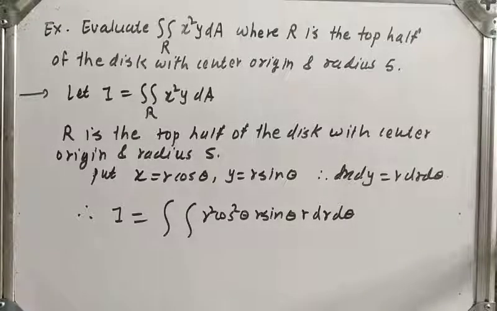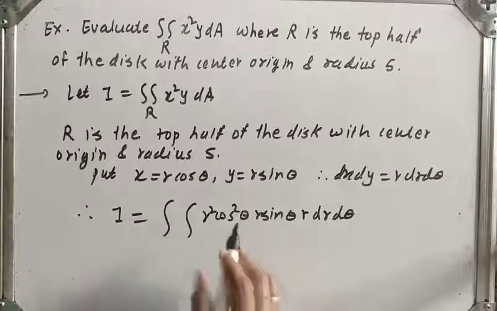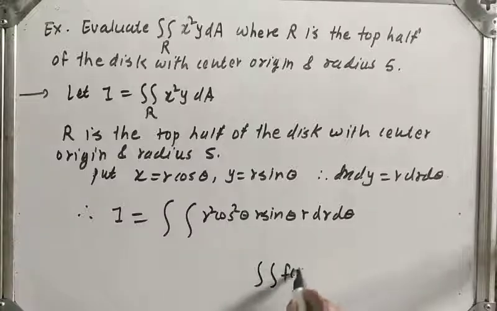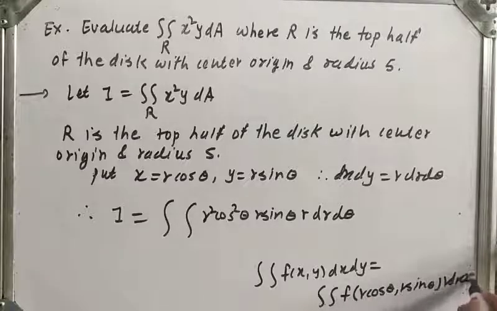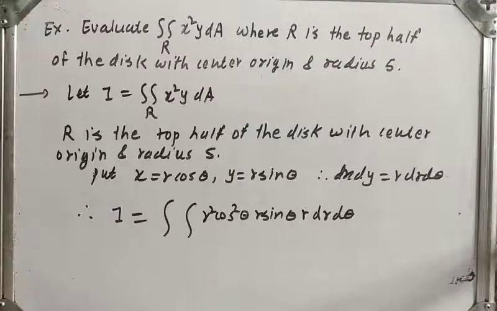Okay, because in the function what we do here, double integration f of x, y dx dy is same as double integration f of x is r cos theta, comma y is r sin theta, and dx dy is r dr d theta. Okay, so we replace this like this.